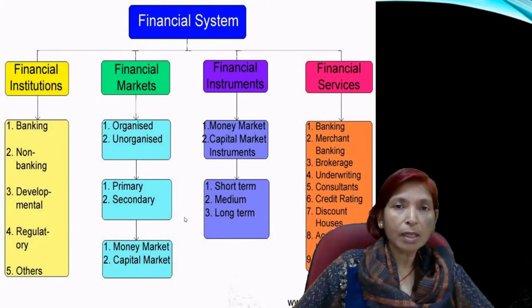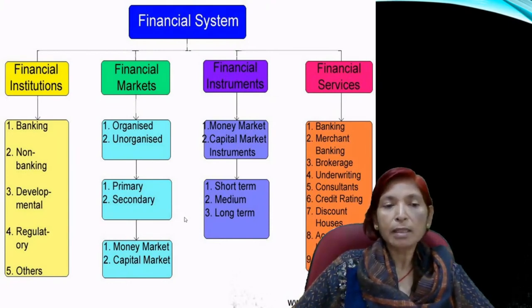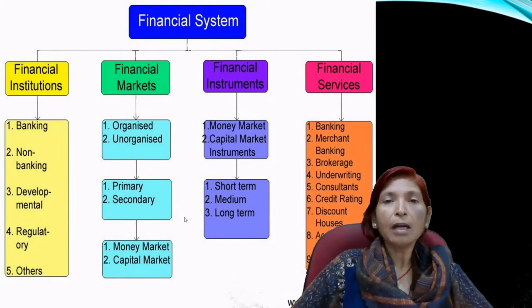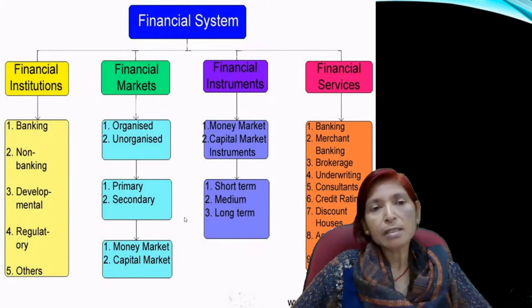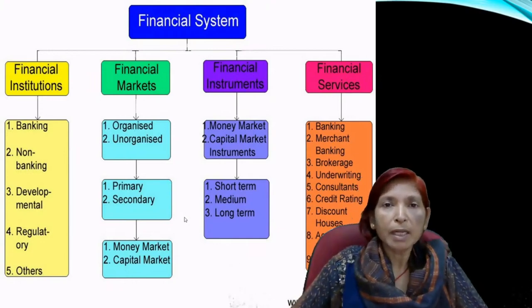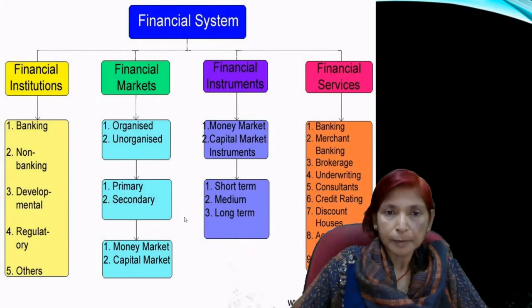Organized is well organized, well developed by the government sector, and unorganized is one in which the private sector plays a very important role. So the financial system under these financial markets can be classified into different categories.